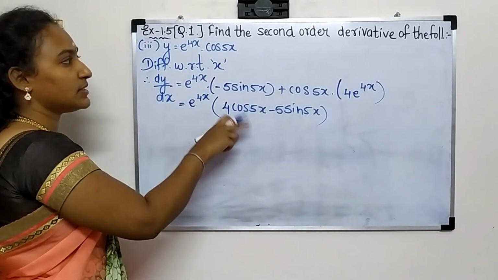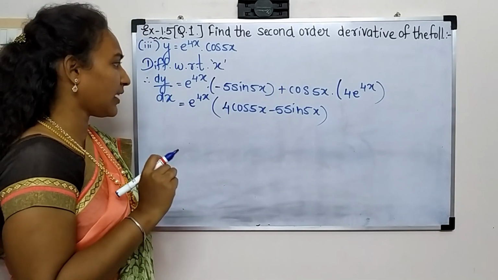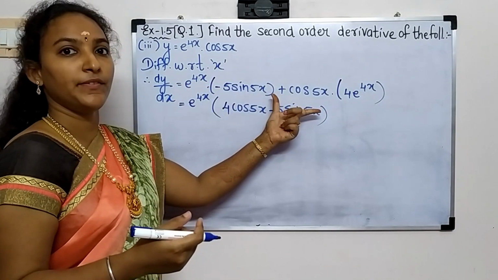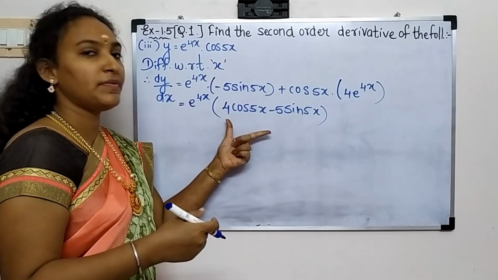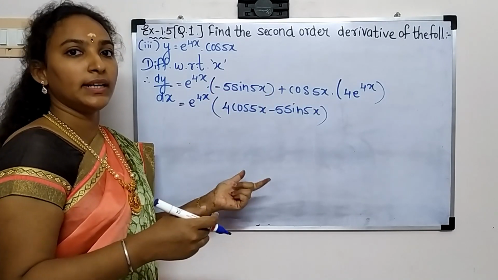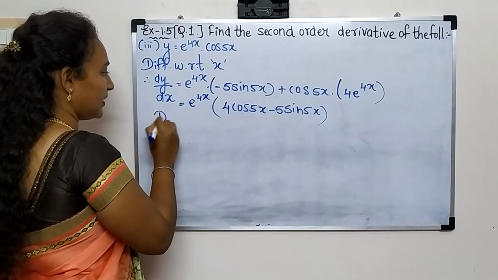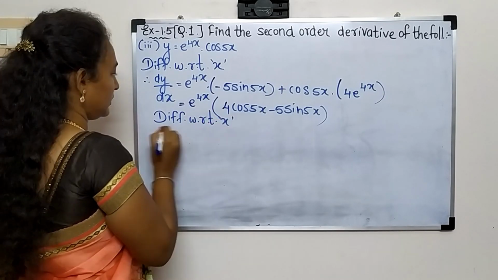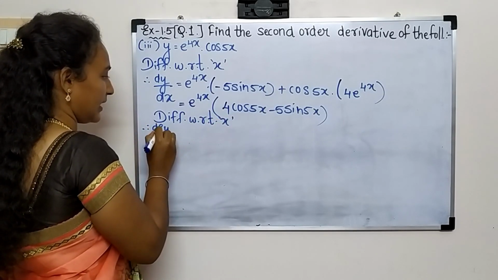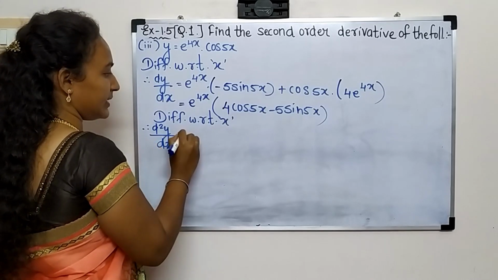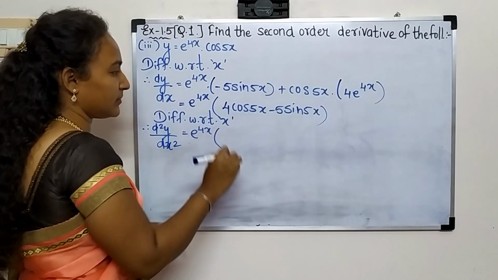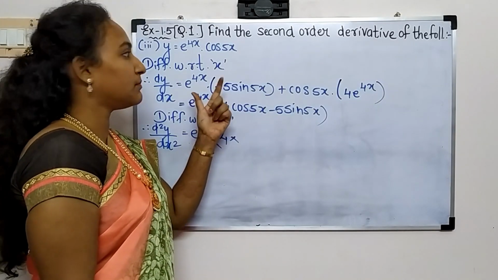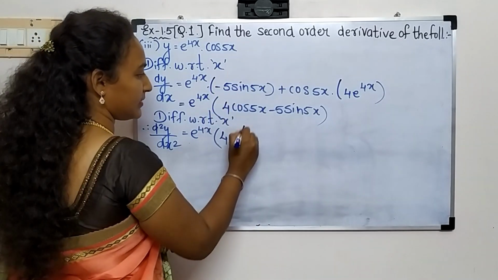Now let us differentiate this again with respect to x. See, if you find the derivative with this function, it will become tedious. So we are simplifying it so that our second order derivative becomes easy. Now differentiate again with respect to x. Therefore, d square y upon dx square is equal to e power 4x. Take this 4. Again derivative of cos 5x is minus 5 sine 5x.